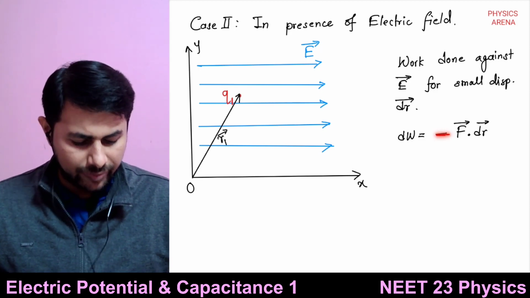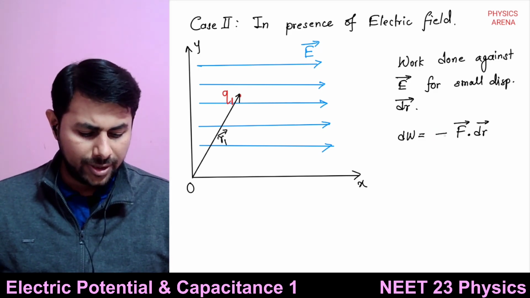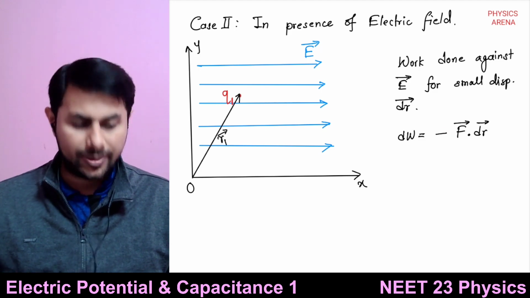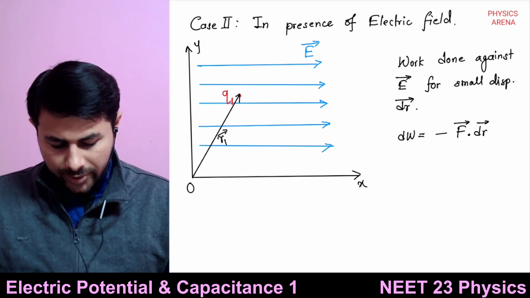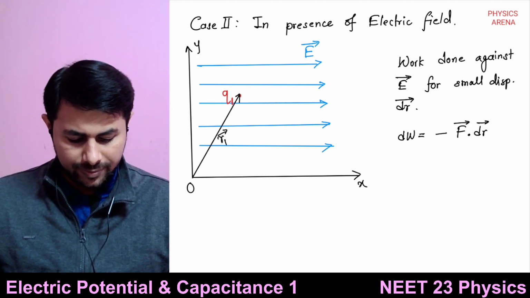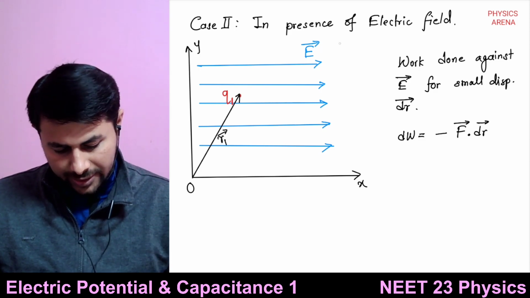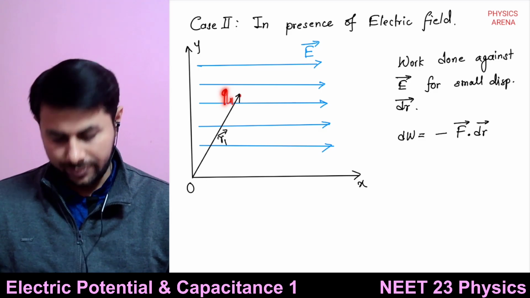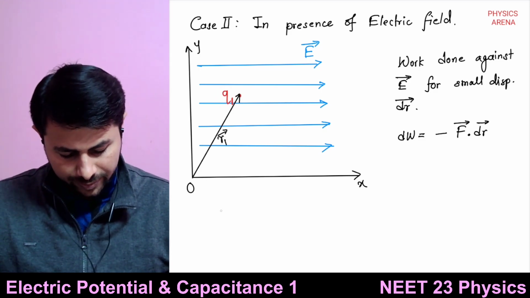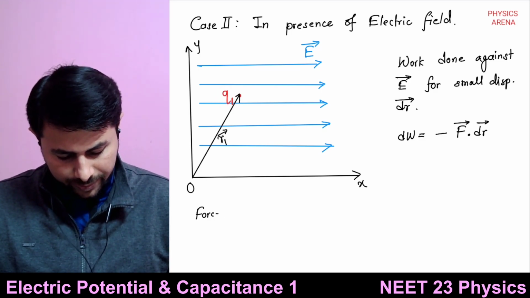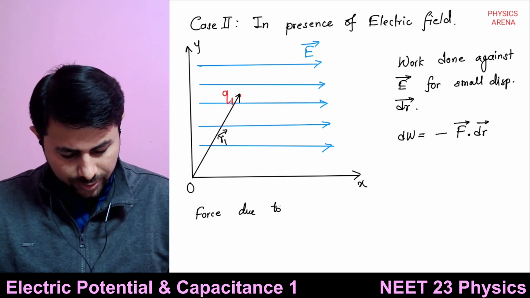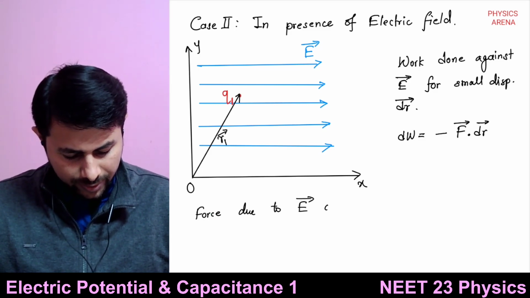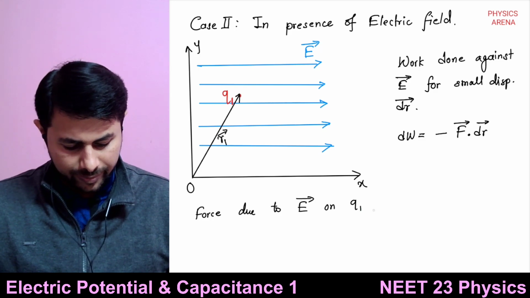But we want work done against the electric field, so it is minus F bar dot dr bar. And what is F bar? This electric field will exert some force on this charge Q1, and that is F bar, the force due to E bar on Q1.